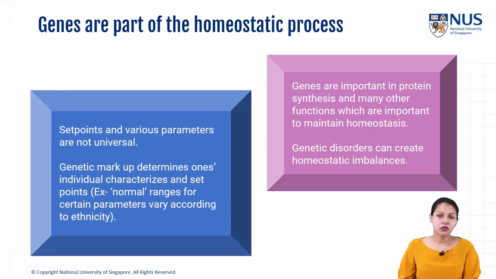There are individual variations and variations depending on ethnicity. In addition, genes play an important role by protein synthesis. So you will learn later how genes contribute and regulate protein synthesis. In certain genetic diseases, there are proteins that are not synthesized, which leads to homeostatic imbalances.